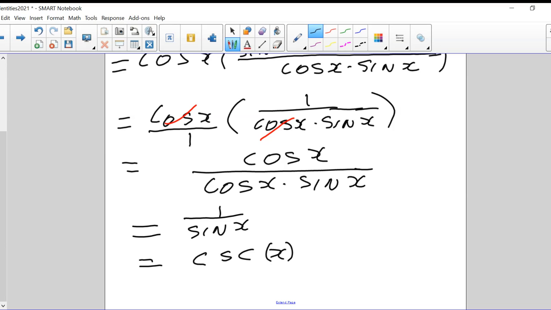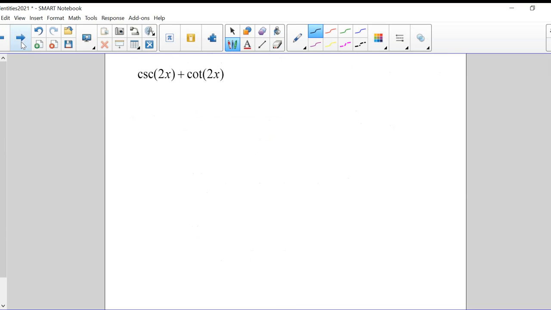All right. Okay, next question is this one here. Ooh, okay. Ouch. When did we get to 2x? What do we do with that? All right, let me remind you what cosecant is and what cotangent is to start this off.